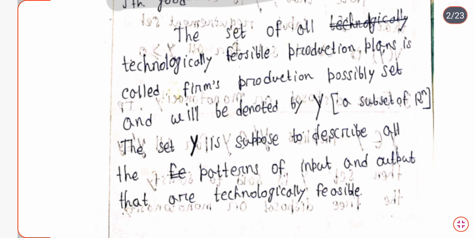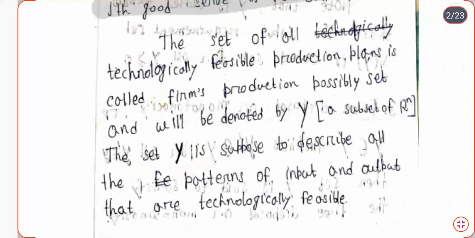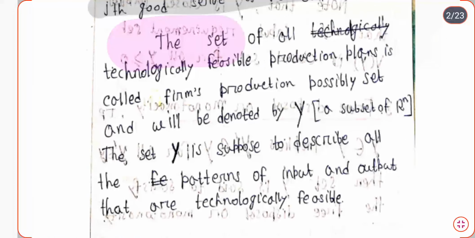The production possibility set is the set of all technologically feasible production plans. That means all the feasible production plans that can be achieved. There are different types of production plans. Suppose a production plan with 5 labor and 3000 rupees of capital.